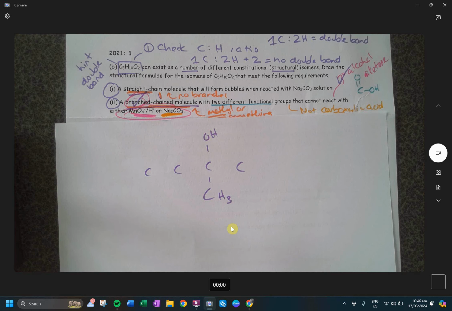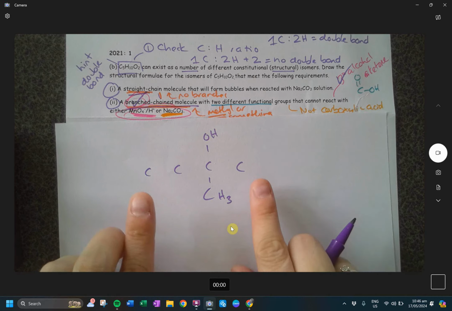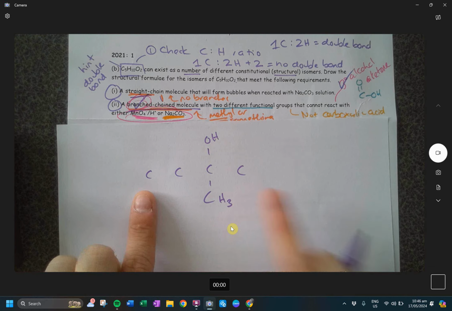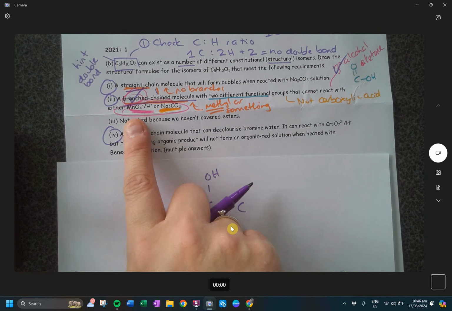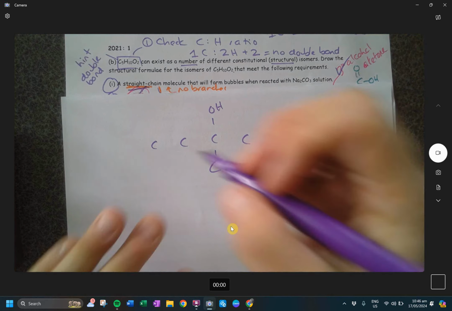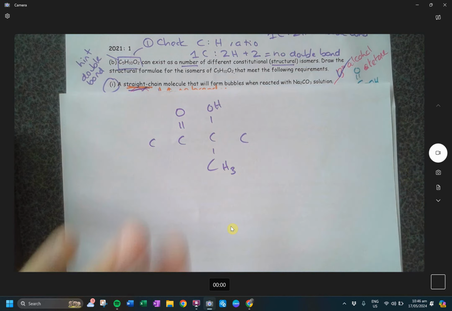Last component is I need to figure out what to do with the other double bonded oxygen, which is my ketone. Again, it's not going to be on the end carbons, because if it's on the end carbons, it is an aldehyde. And based off of this information, it doesn't react with the permanganate, so it's not an aldehyde. I only have one place to put it now, and it's over here.